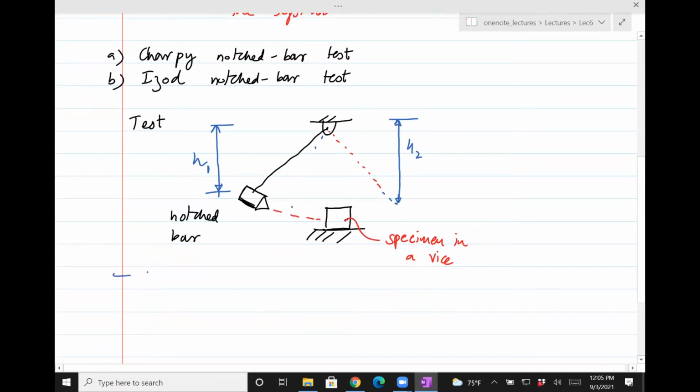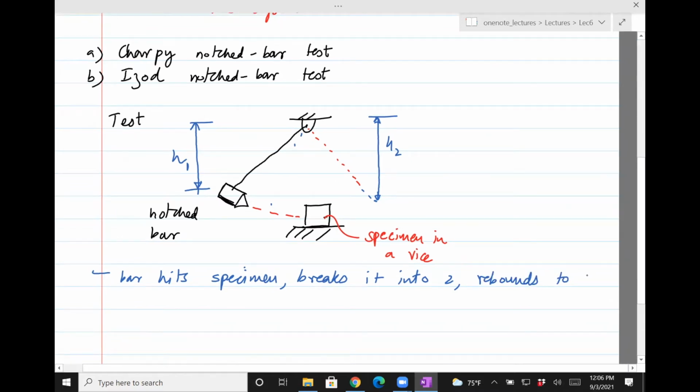So what's happening here is the bar hits the specimen, breaks it into two, and rebounds to a height h2.